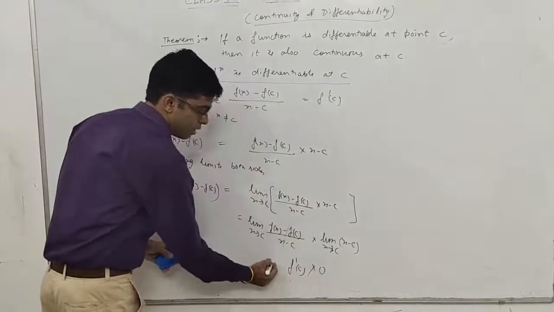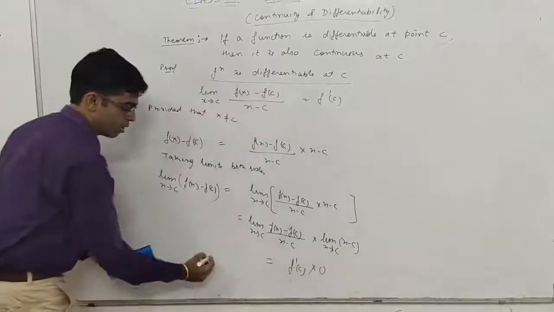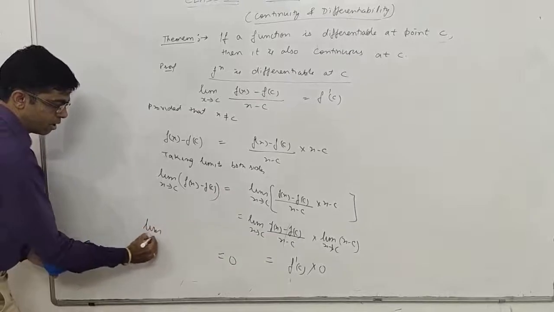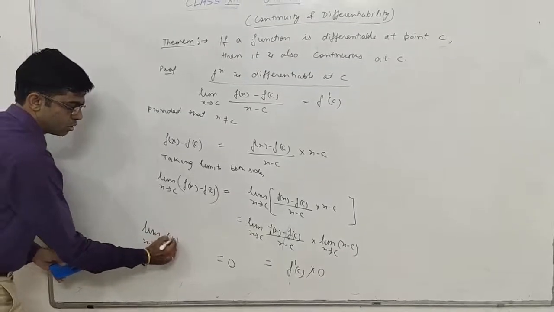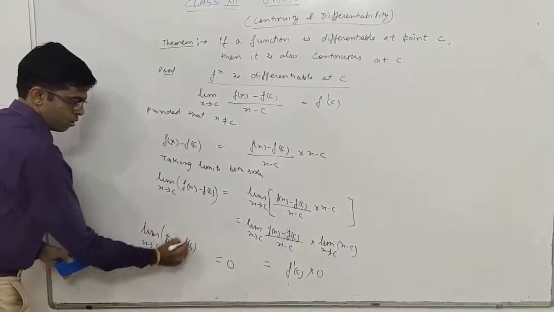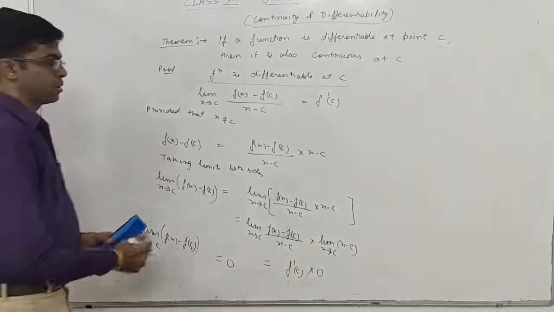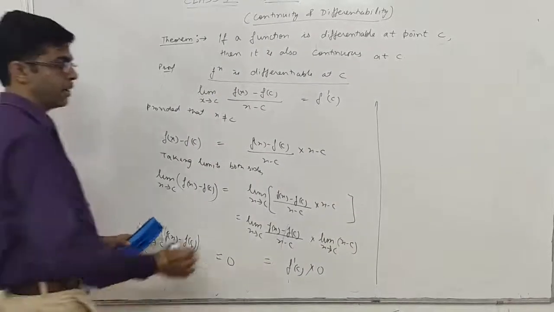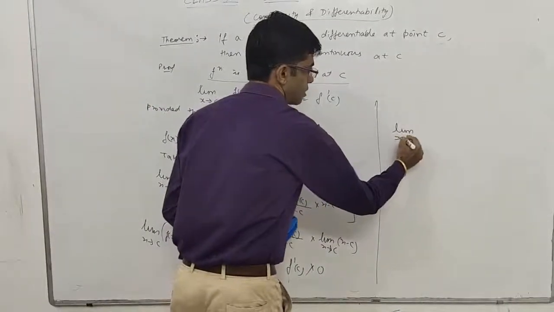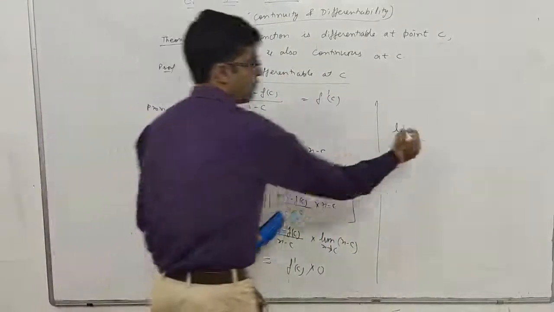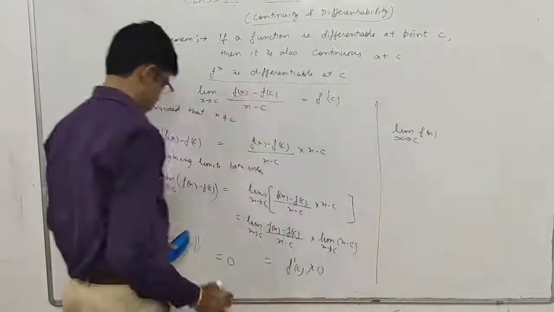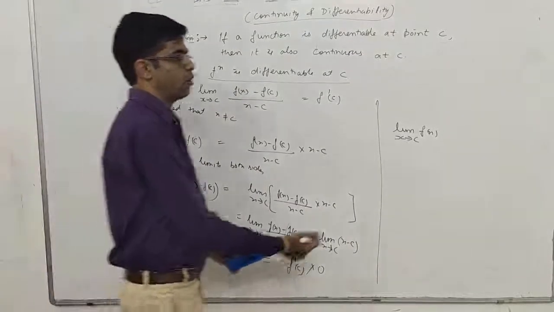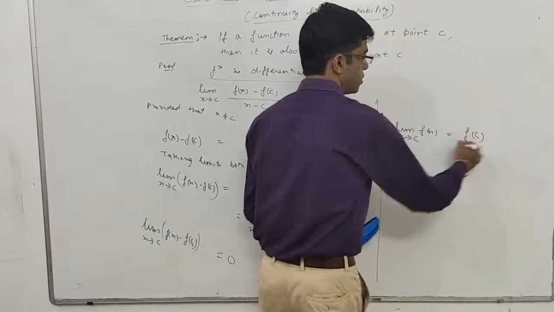So f dash c multiply by 0. The whole result on the right hand side will be equal to 0. So now simply in this limit x tends to c f(x), when you are giving the limit to the constant, the value will be the same, f(c).